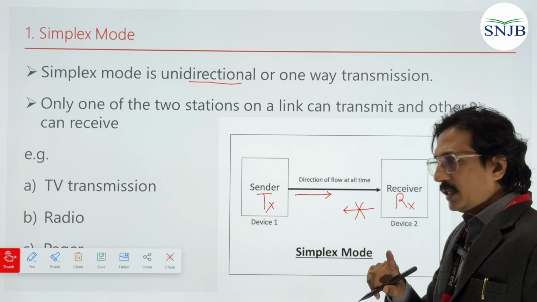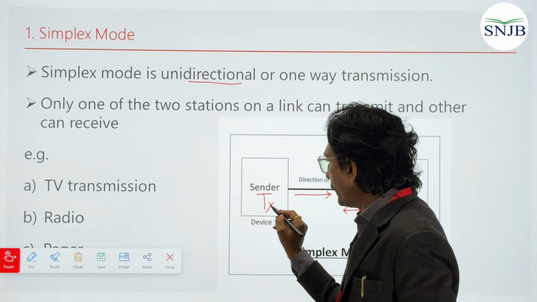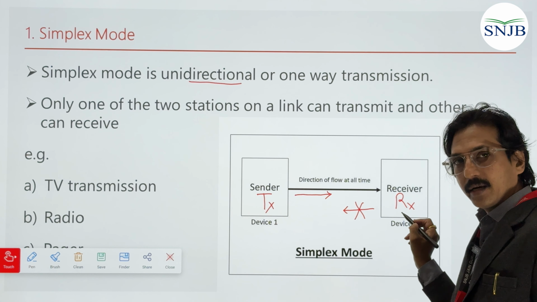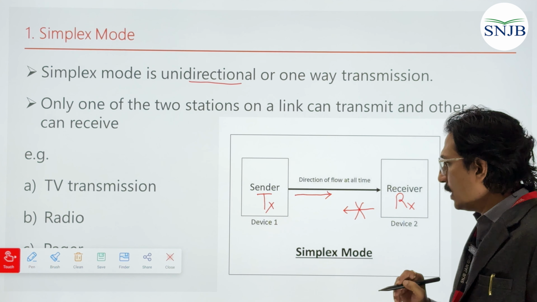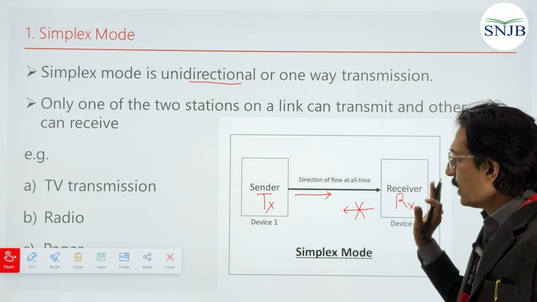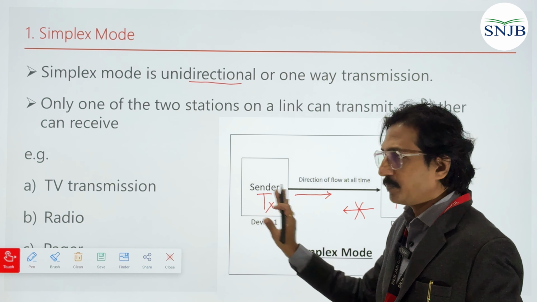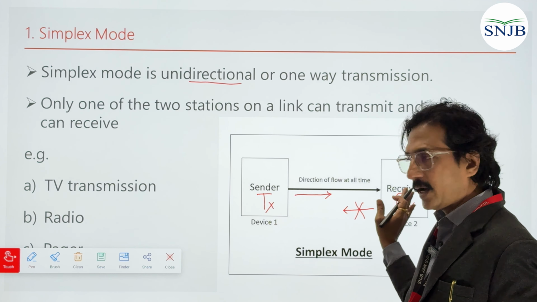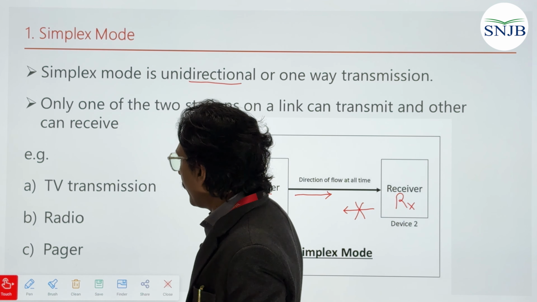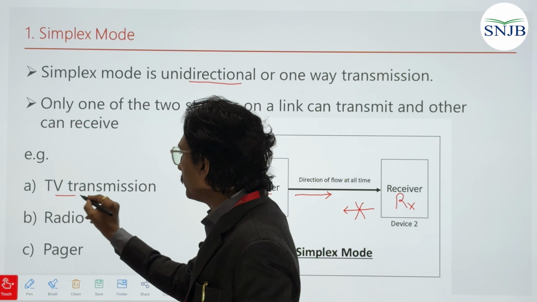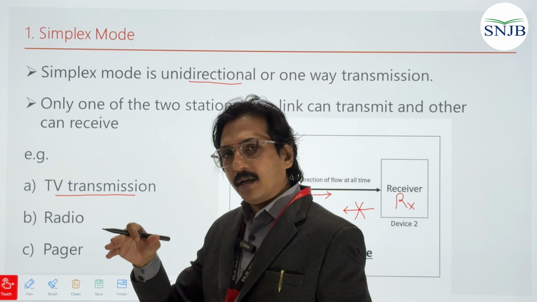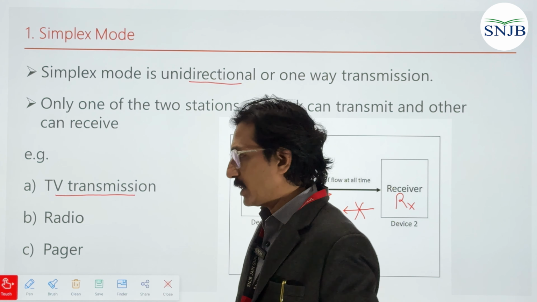That's why it is a unidirectional or one-way transmission. Only one station can perform the role of transmitter or sender, and only one station can perform the role of receiver or RX. This node cannot function as a transmitter, and this node cannot function as a receiver. This kind of communication is called simplex communication. So what are the real-time examples? Television transmission: television episodes are broadcast and we can only receive them on television receivers.